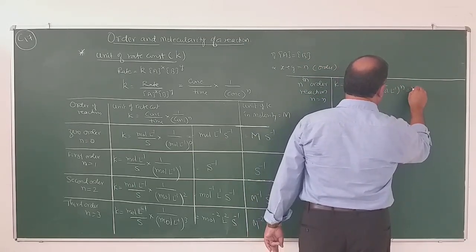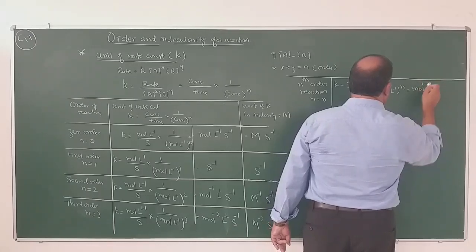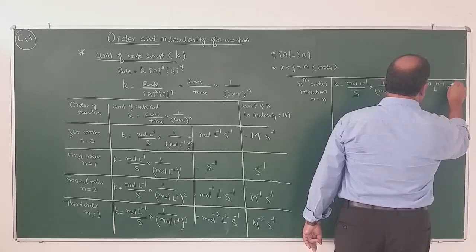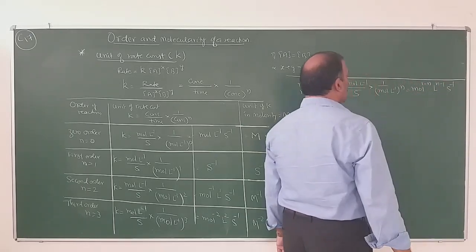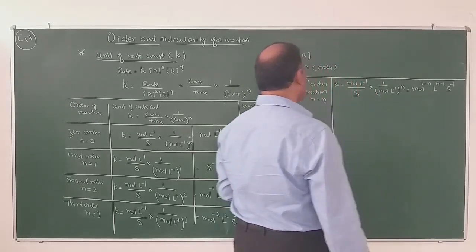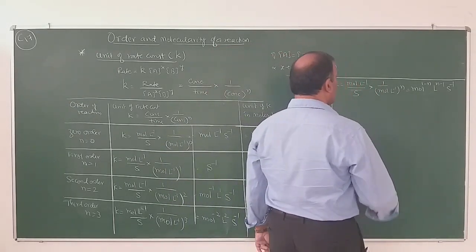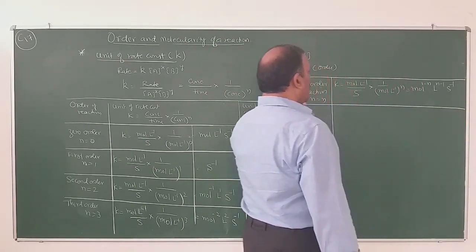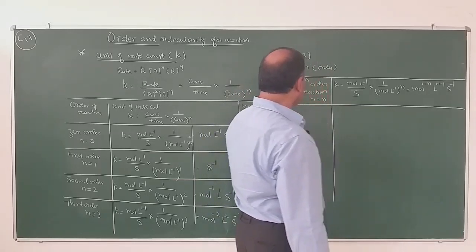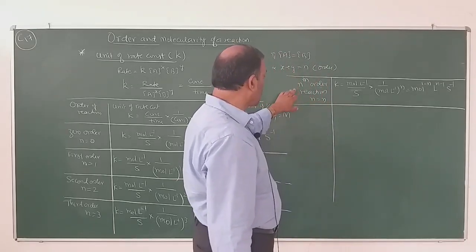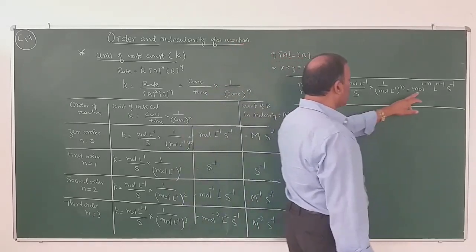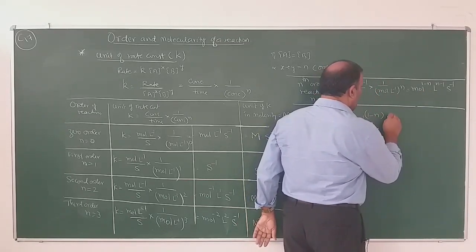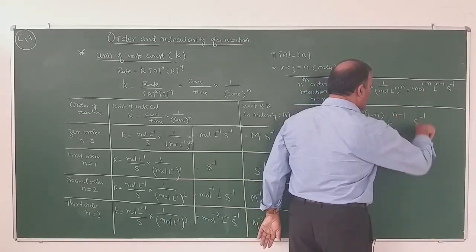So that equals mole 1 minus n liter n minus 1 second minus 1. So this is the general expression for the unit of rate constant for an nth order reaction: mole 1 minus n liter n minus 1 second minus 1.